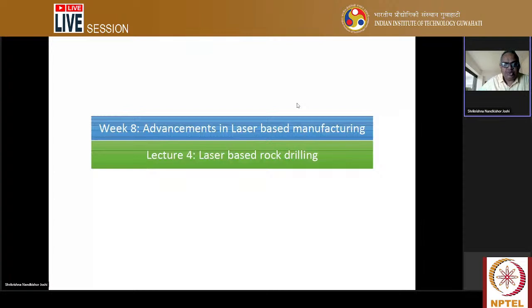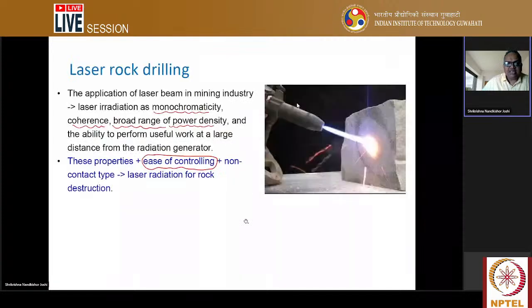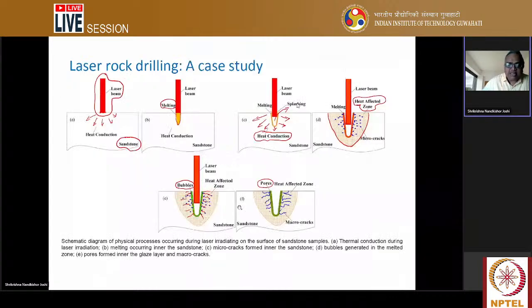Here lasers are being used to ablate the rocks, or to help laser-assisted rock drilling enhance the efficiency of traditional mechanical rock drilling. So the types of rock drilling, and how lasers can be used to plastically deform or ablate the materials, we have seen.